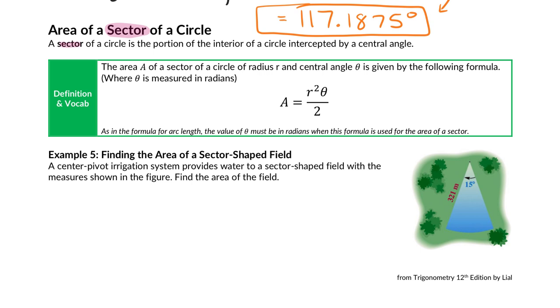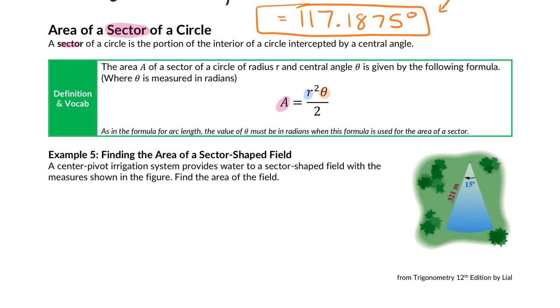A sector of a circle is the portion of the interior of a circle intersected by a central angle. The area of a sector of a circle with radius r and central angle theta is given by the following formula. But again, theta is measured in radians. This is why radians are important. The area of the sector will be equal to the radius squared times theta divided by 2.